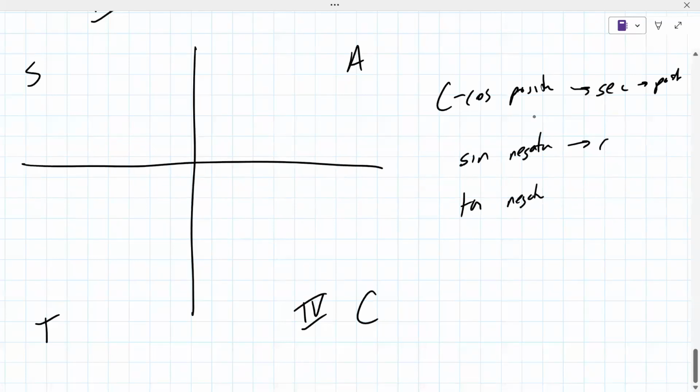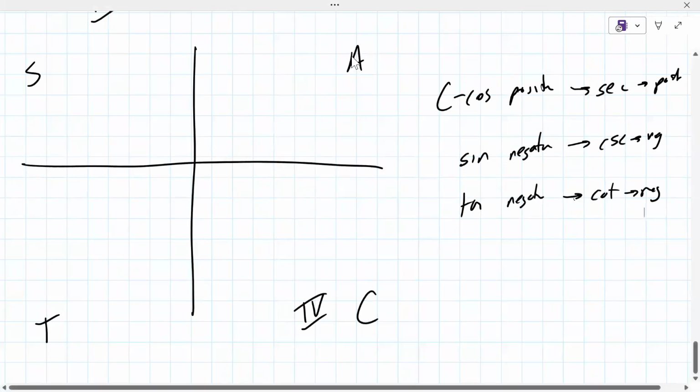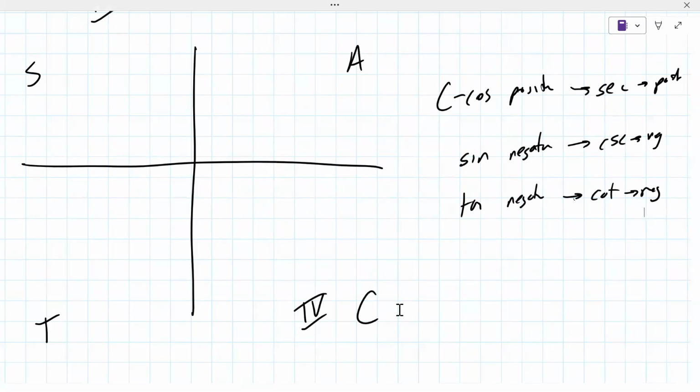Then because sine is negative, cosecant is negative. Because tangent is negative, cotangent is negative. So the idea is that the letter tells you what's positive, and then from there, you can establish what is negative.